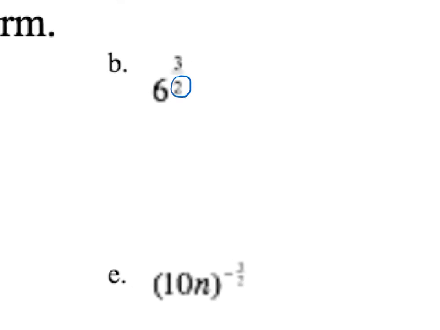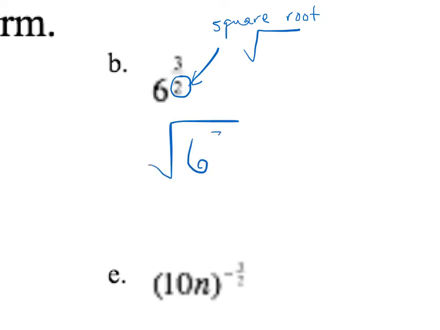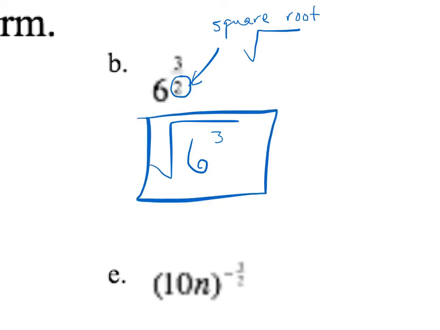All right, this means a square root. There's no number here, you'll notice. This will have no number of 6 to the 3rd. And then you can simplify this if you want. You can just leave it like that, though.